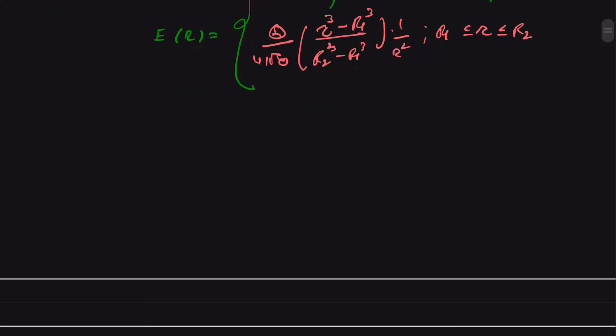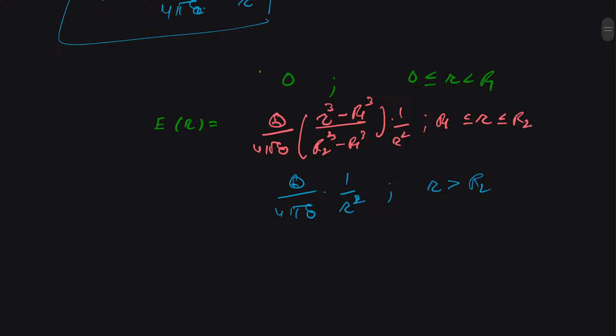And finally, it is Q upon 4 pi epsilon naught times 1 upon r square when the Gaussian surface has a radius greater than R2. So these are the 3 values of our electric field.